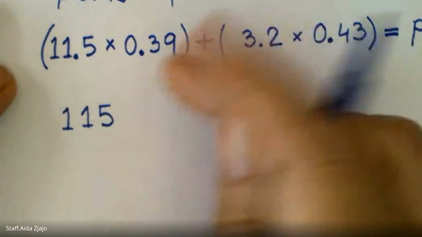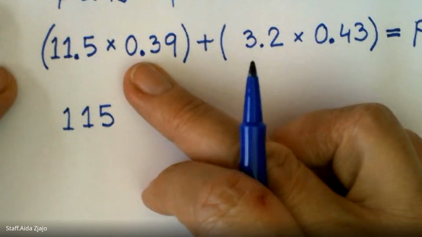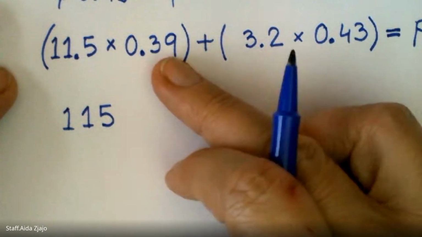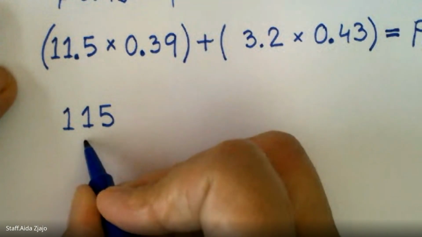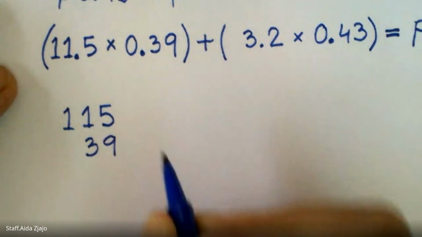And then we're going to multiply by 0.39, thinking of it as 39 hundredths.